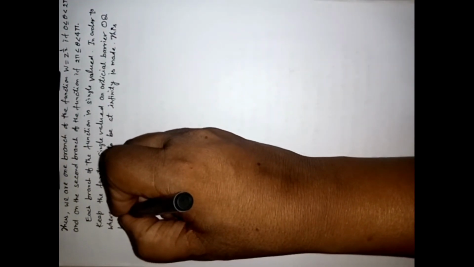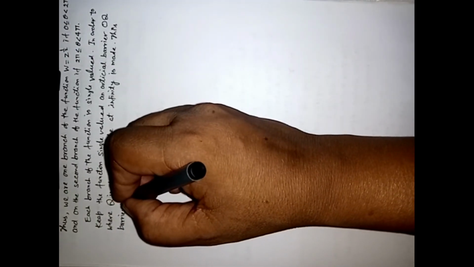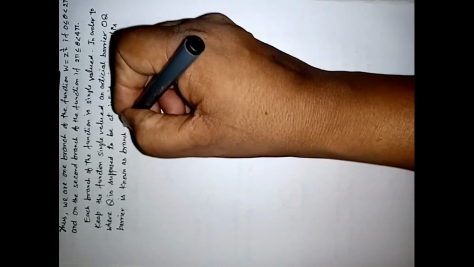This barrier is known as branch line, or branch cut, or cross cut. The point O is called branch point.